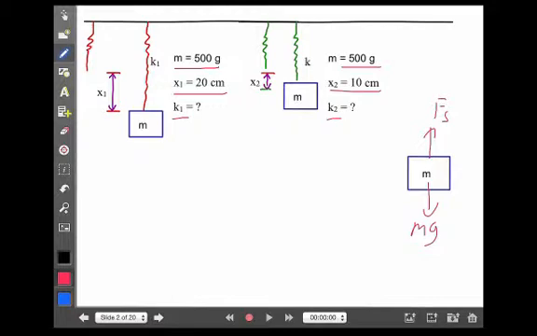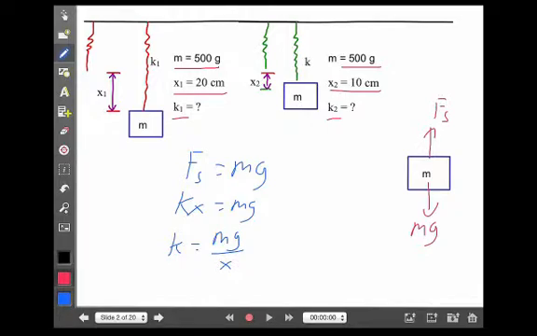Now, if it's just sitting there at rest after we let it stretch, it must be in equilibrium. That means that the spring force and the weight are equal to each other. Now, in substituting, I'm going to put kx for the spring force. Notice I didn't put negative kx. Again, the negative is more of a conceptual negative than a calculated negative. And so k would be the weight, mg, over how far you stretch it.